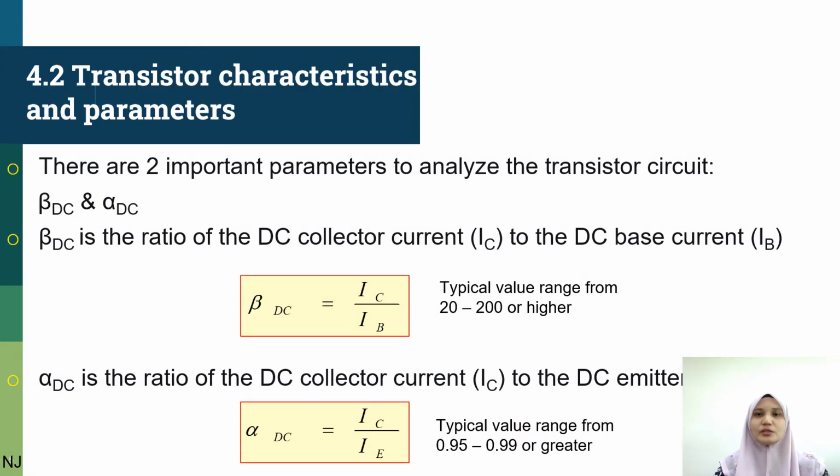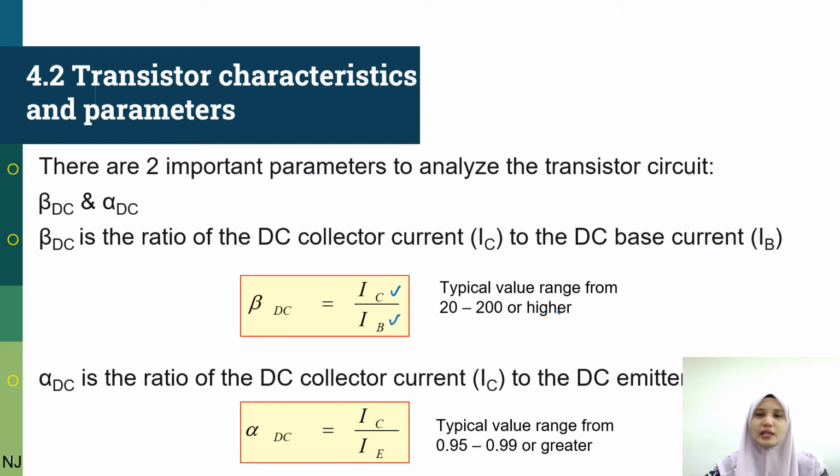There are two important parameters to analyze the transistor circuit: DC beta and DC alpha. The DC beta is the DC current gain, the ratio of the DC collector current IC to the DC base current IB.